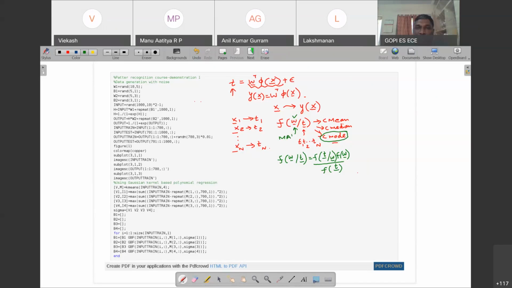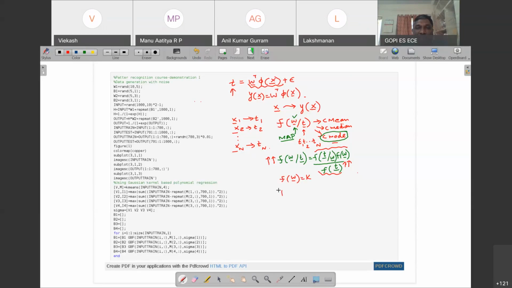This is the maximum a posteriori probability density function estimation, MAP, in which we try to maximize f of w given t. By maximizing this, we maximize the right hand side. The denominator doesn't have w, so we use only the numerator for optimizing w. In this, f of w is assumed constant, which means it is uniformly distributed.